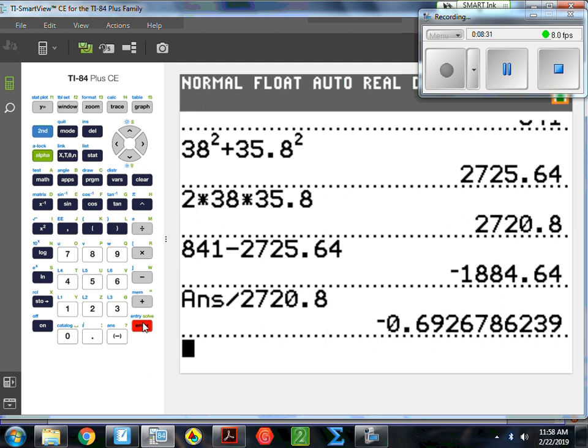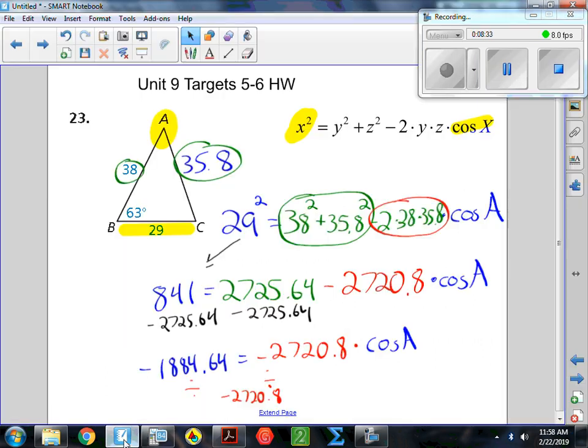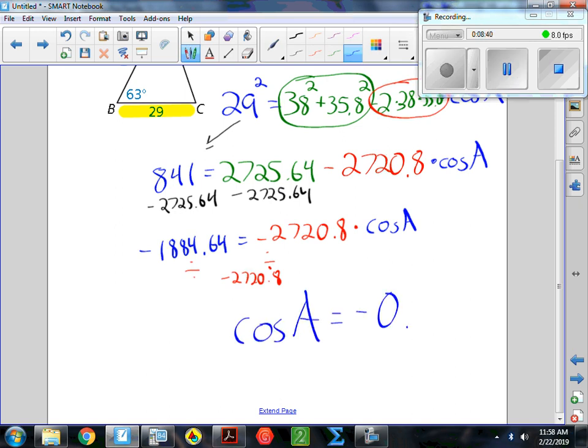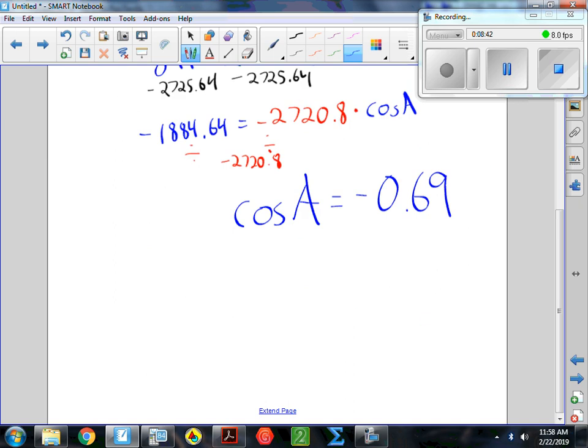And so I have this decimal, negative 0.69. So cosine of A is equal to negative 0.69. Okay, I get all that with the calculator. That's the cosine of A. I want to get A, so I take the inverse cosine of that ratio, 0.69. Don't forget the negative.